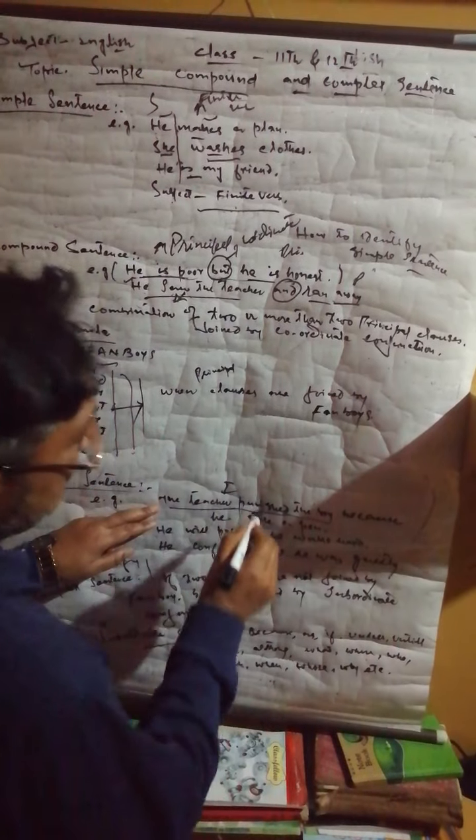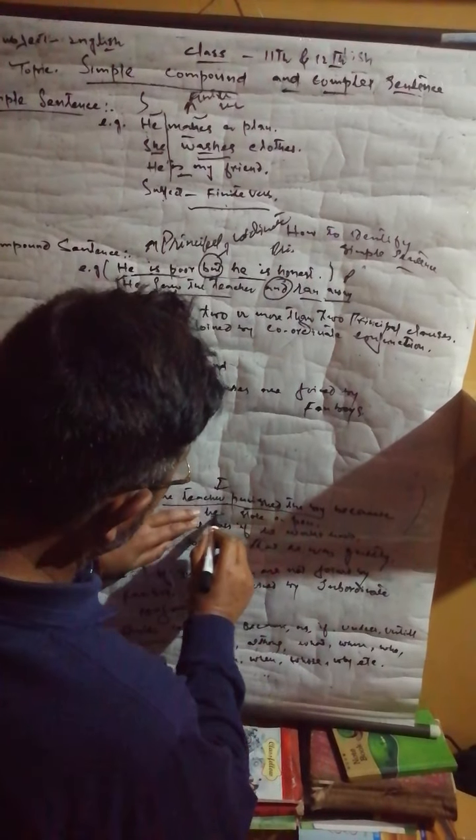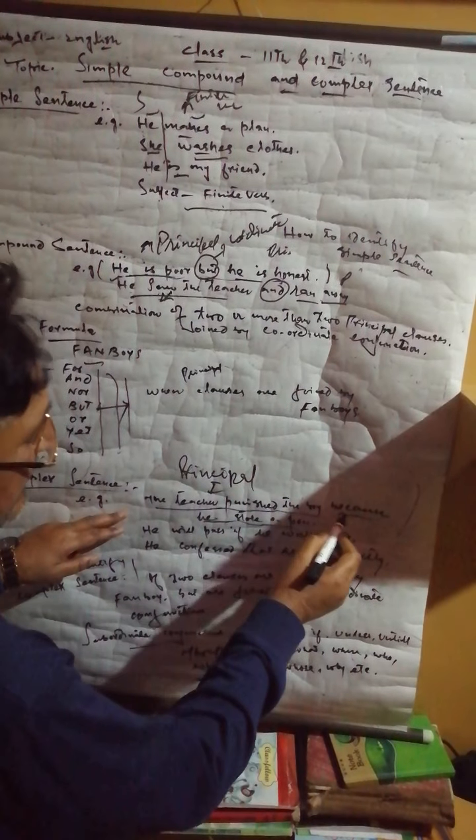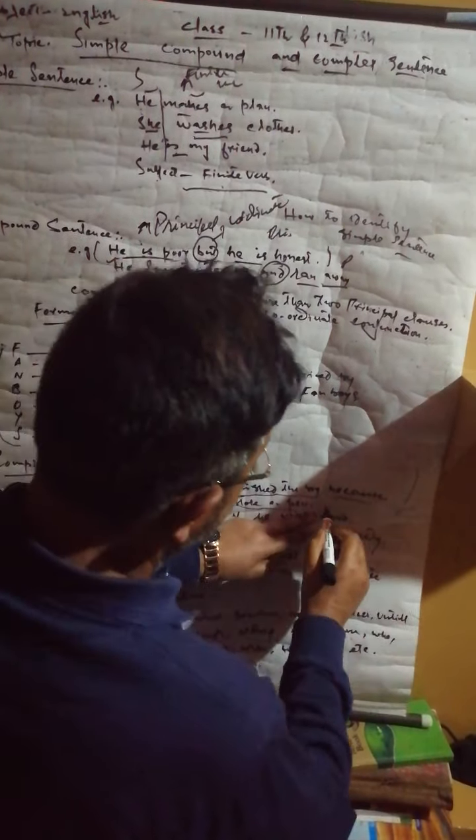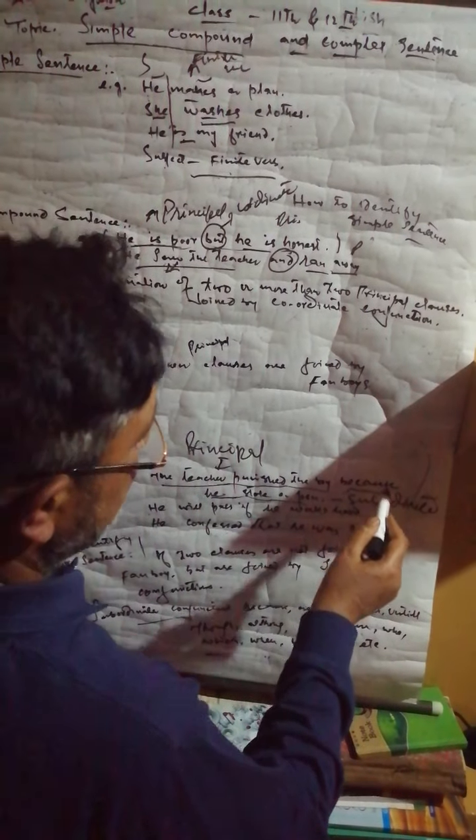One clause is the teacher punished the boy, and the second is because he stole a pen. Here one clause is a principal clause, and the second, because he stole a pen, is a subordinate clause. You can also say principal clause, main clause or independent clause; subordinate clause or dependent clause.